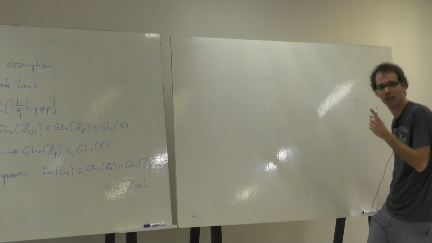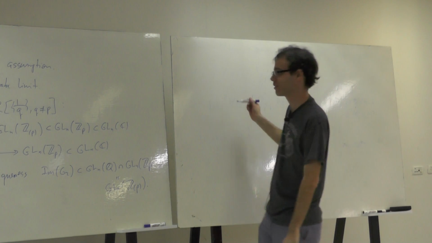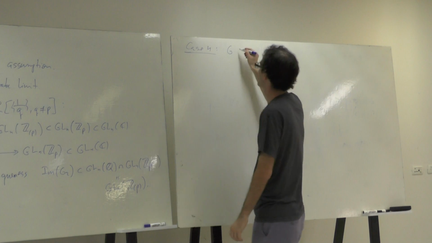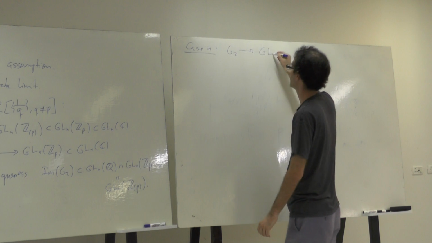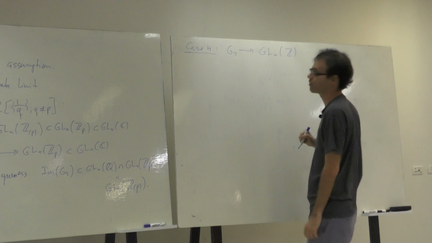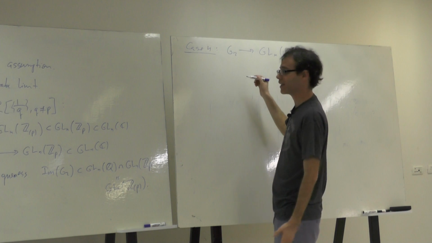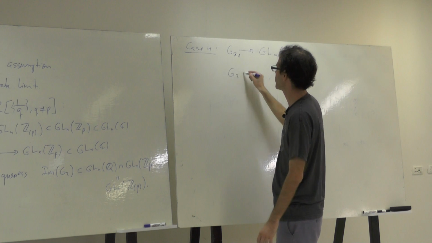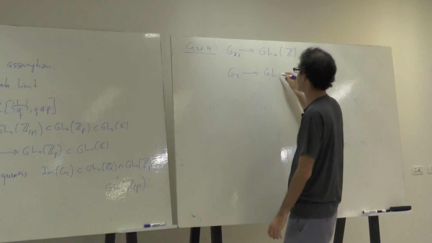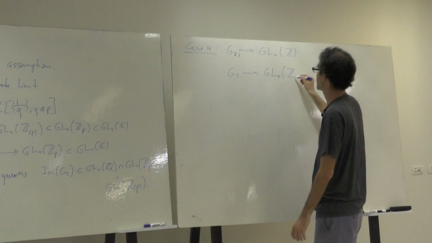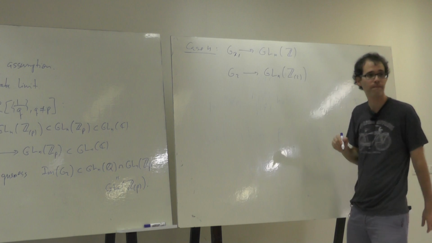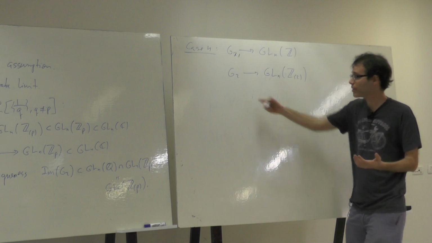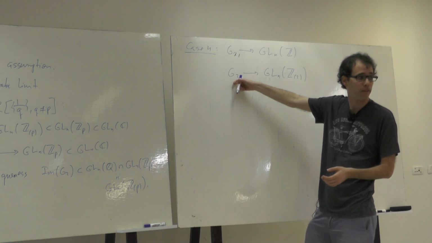G2 is finitely generated. So if you have case 4, you have a map from G2 to GL_N of Z. Okay? So you can extend it to a map to GL_N of Z localized at all primes except 2. But this is finitely generated.